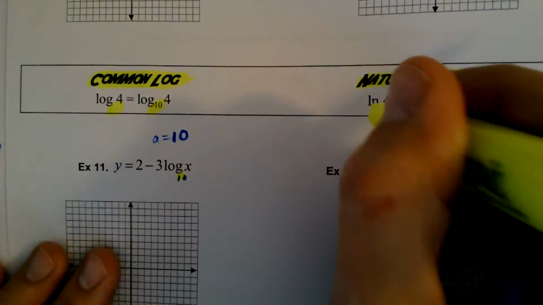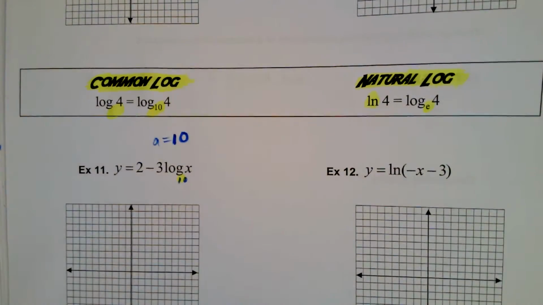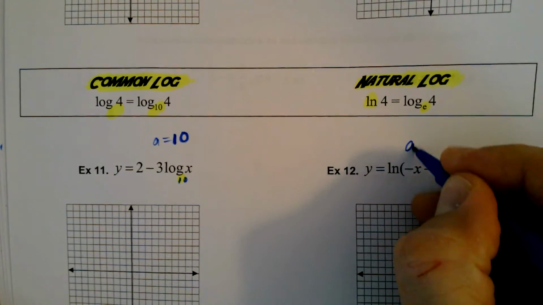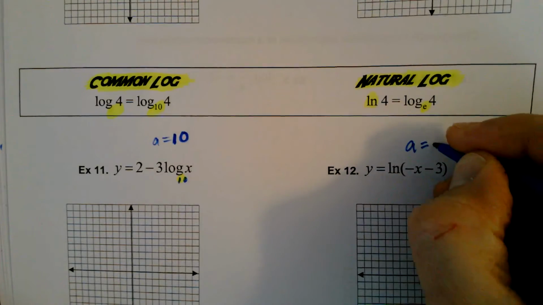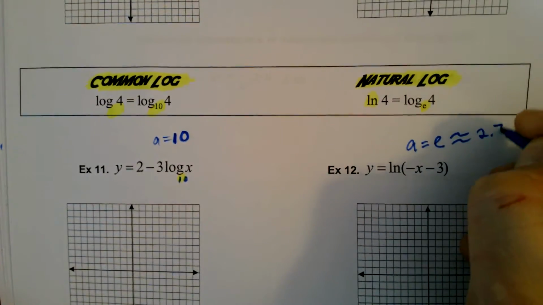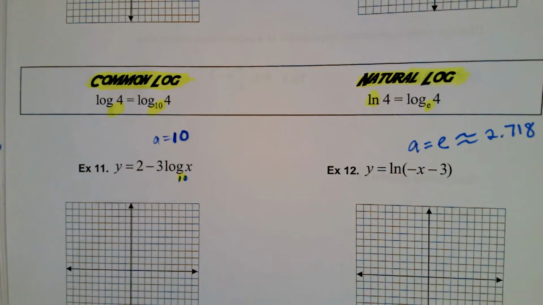And anytime you see ln, guys, you got to know the base is e, the number e. So in this case, if I see ln, I know my base is e. And what's e? e is 2.718. Okay, so we should know our base is e.